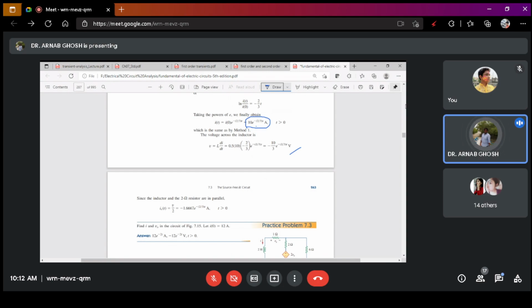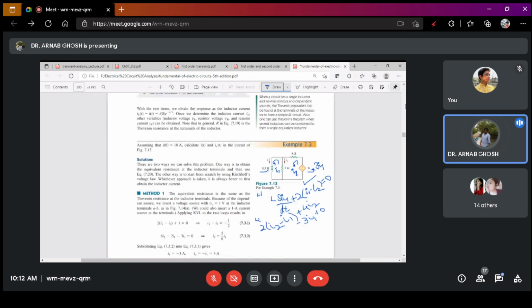So see, this is a parallel circuit, right? So the voltage across the inductor will be the voltage across this particular branch. So the voltage across the inductor, you have got L di by dt.